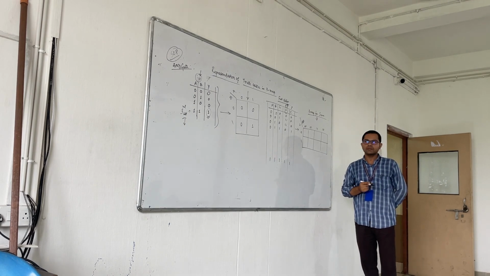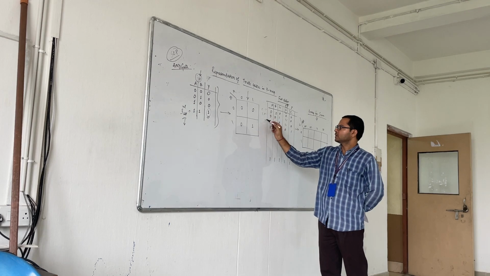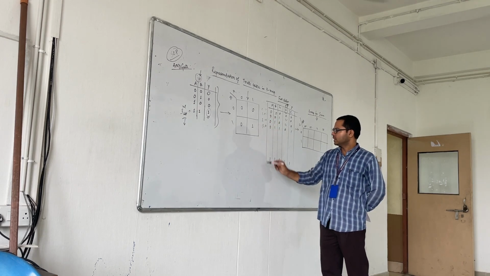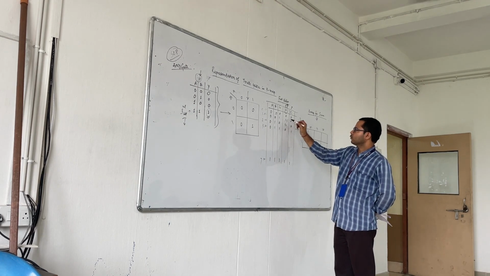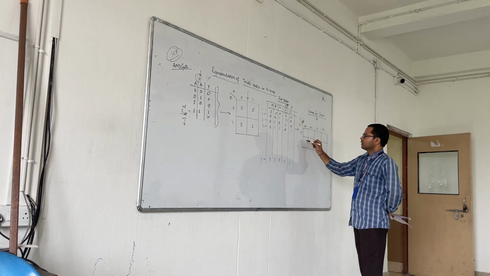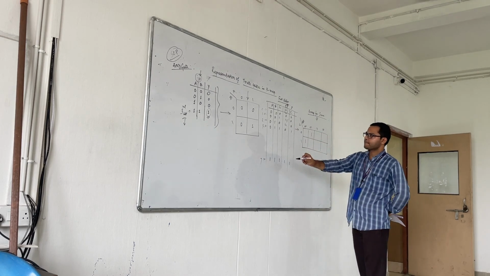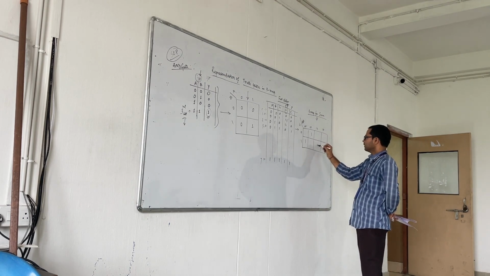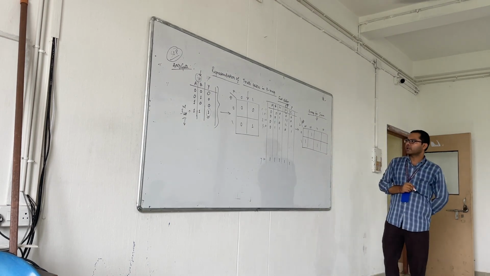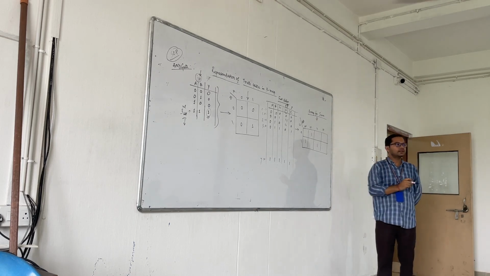Here this is the 0th position, this is 1, this is 2, this is 3, in this way this is 7. So positions 1, 2 and 4, 7, 7 means 4 5 6 7. In this way you can map the truth table in the corresponding K-map.